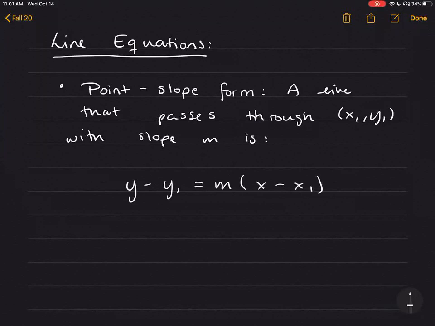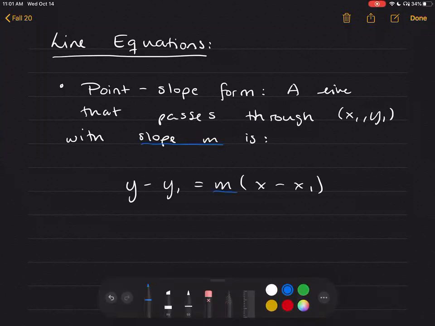So this is the point slope form of the line that passes through x1, y1 and has a slope m. So slope m is here, and our 2 points are here and here.